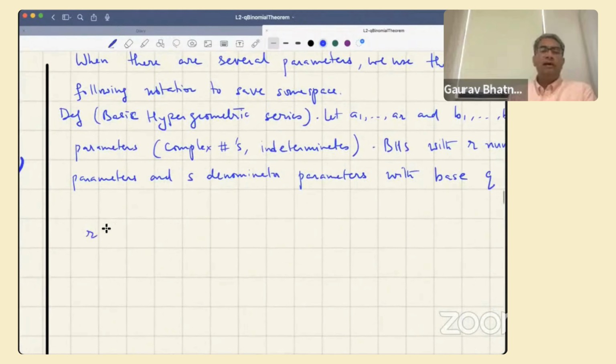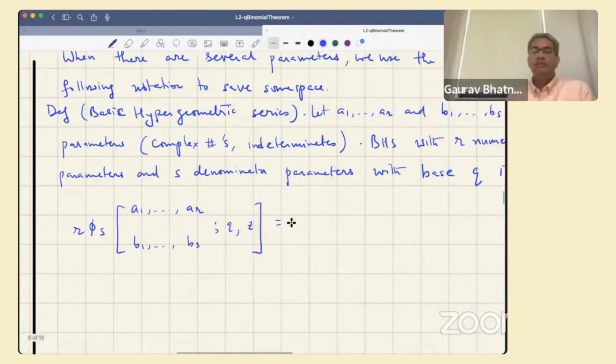so we write r phi s and we put a_1 to a_r on the numerator, b_1 to b_s in the denominator, then put q and z. It's a power series variable.